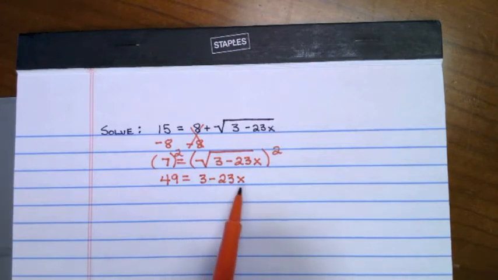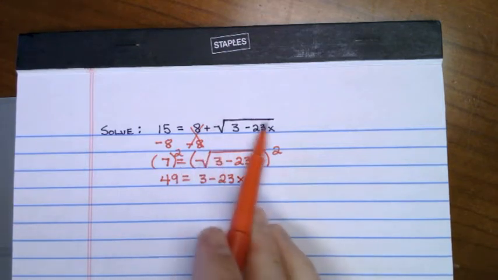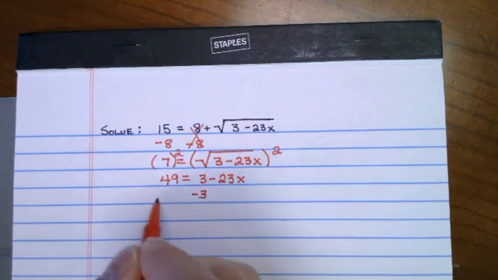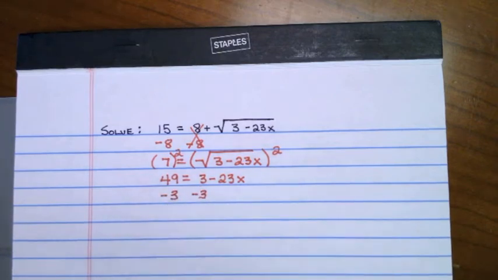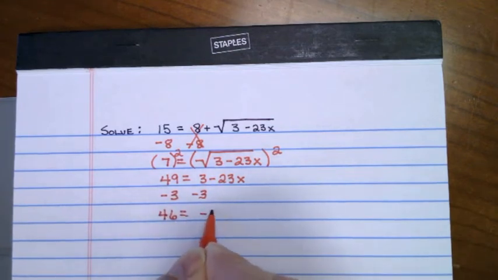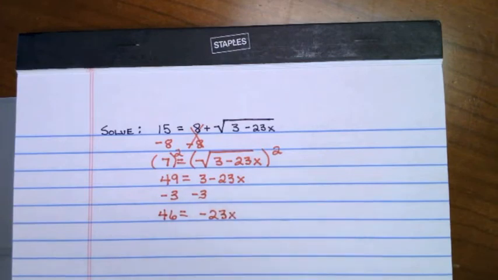Over here, what do I need to get rid of? Sort of like isolating the radical symbol, I need to isolate this x. I need to add or subtract first, then multiply or divide. I need to get rid of this positive 3. That means I need to subtract 3 from both sides. I need to get rid of that negative 23.